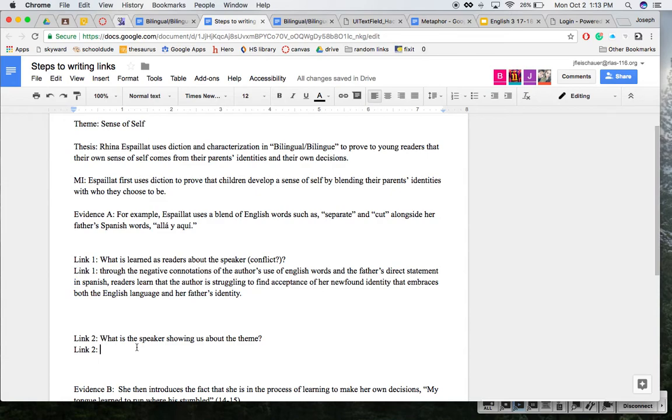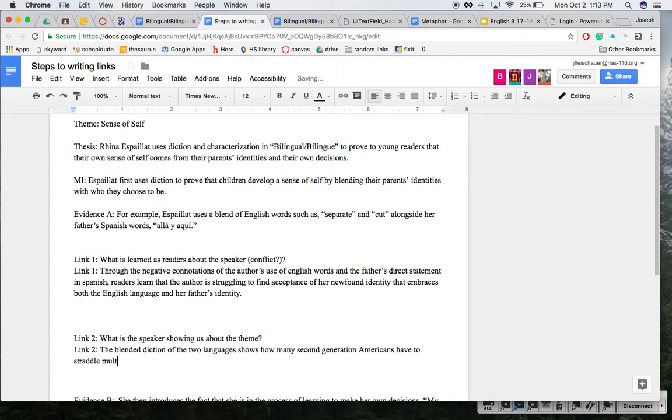And that holistic message here is, again, I'll type here, the blended diction of the two languages shows how many second-generation Americans have to straddle multiple heritages, combining aspects of both in order to create a self-identity.